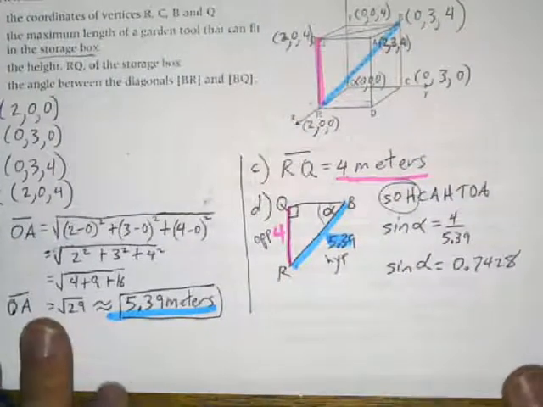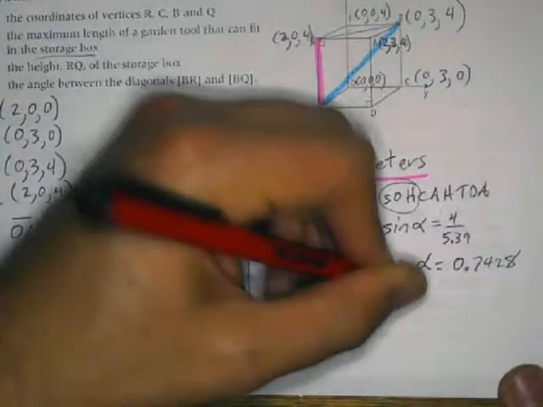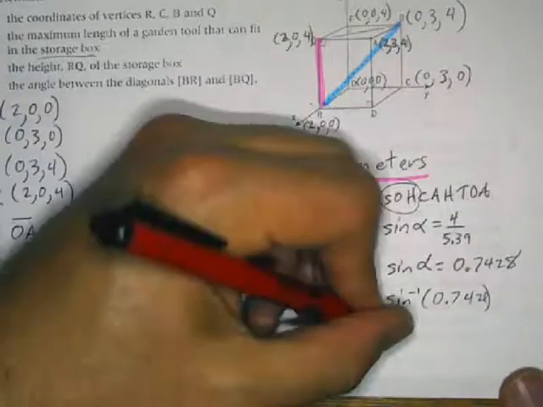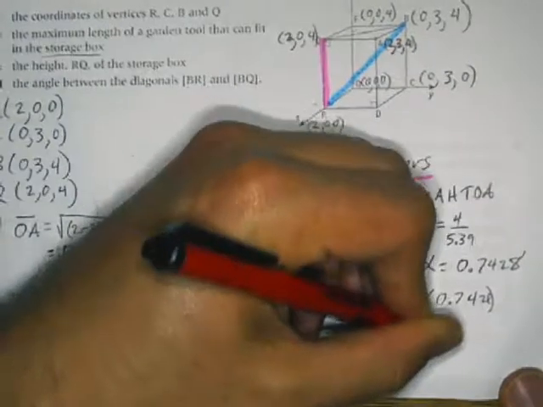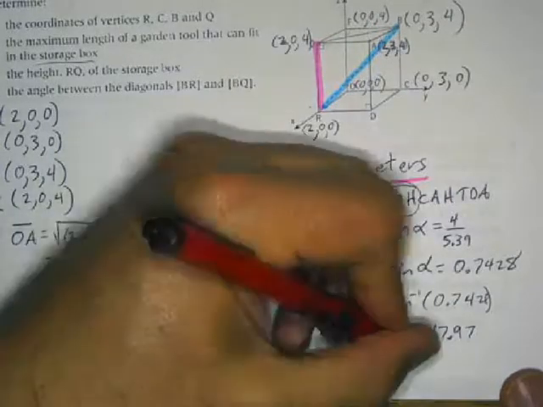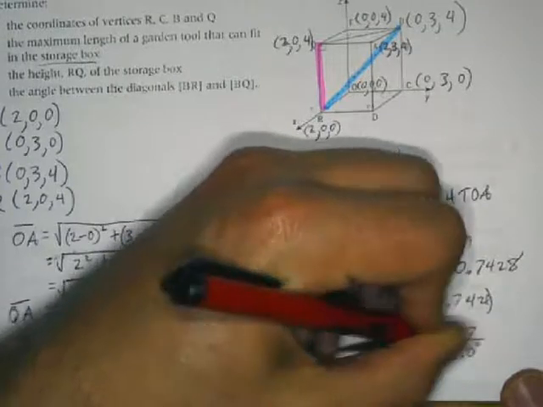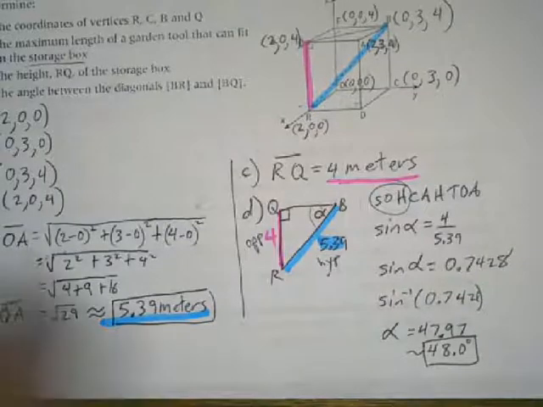And then I do my inverse sine, and I get that alpha is equal to 47.97 something else, so that's approximately 48.0 degrees. Okay, you might want to hit pause and think about this, maybe replay, and let's continue on.